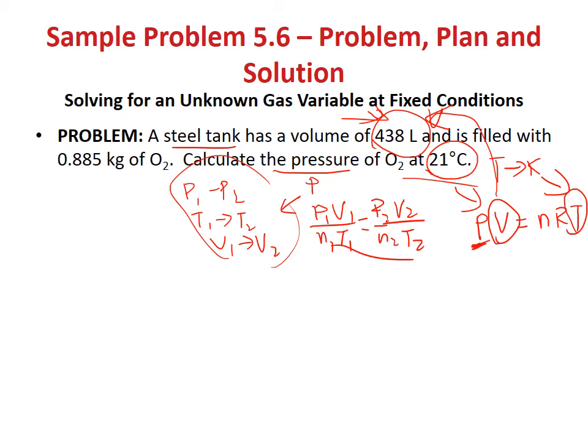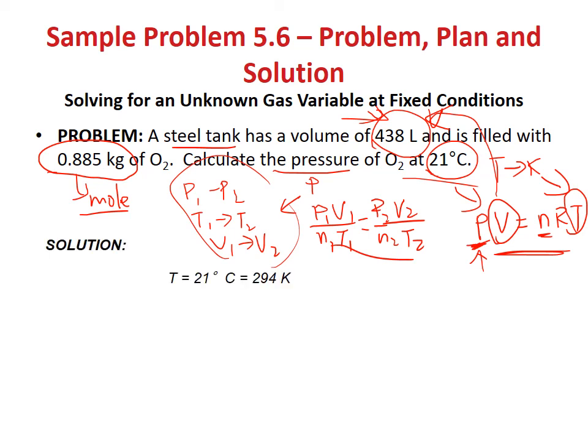To use this equation to calculate the pressure, we also need to know the number of moles. They also give you kilograms, so kilograms need to change to moles. With the number of moles, we can then use the ideal gas law to calculate the pressure. First we change temperature to Kelvin, and then we convert kilograms to grams and then to moles.